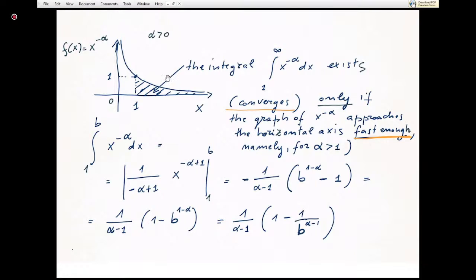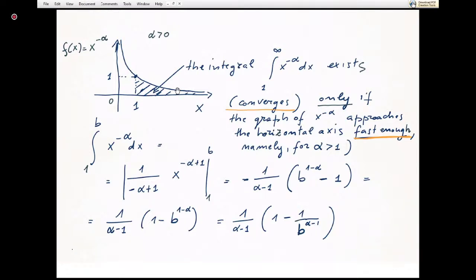Some of them are slower and some are faster. The larger is the exponent alpha, the faster is the convergence to 0 of this branch, okay? It is faster in approaching 0.